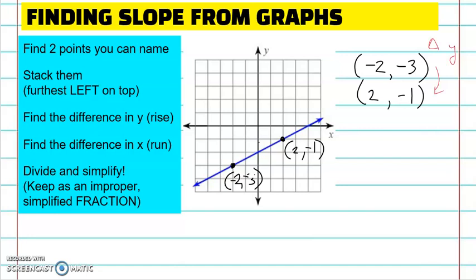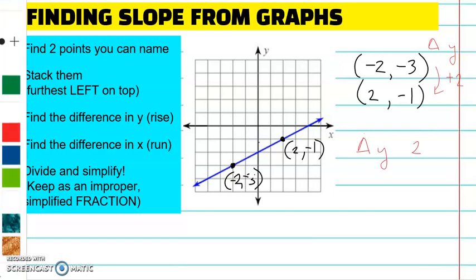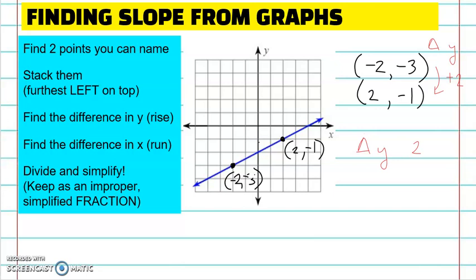So -3 to -1. Okay, I went up by 2. So my change in y, I'm at 2. And then we look at the change in x. -2 to 2. So I went up 4. So we're at 4. Okay, so it's a positive slope. That matches what I'm looking at. Sweet, I love that.